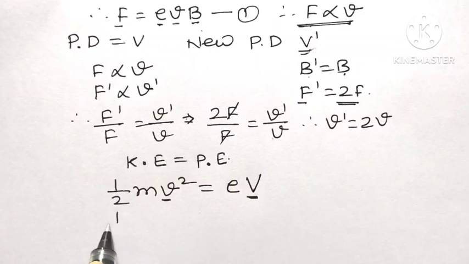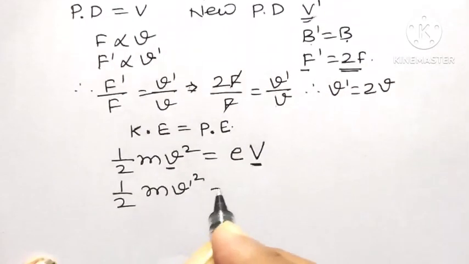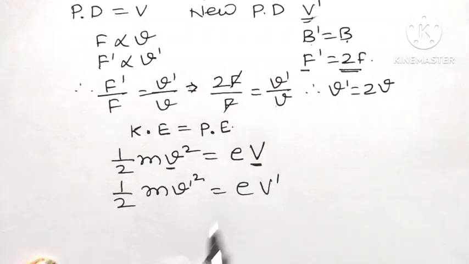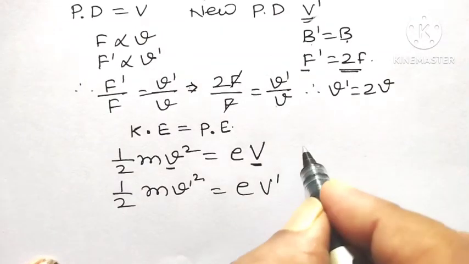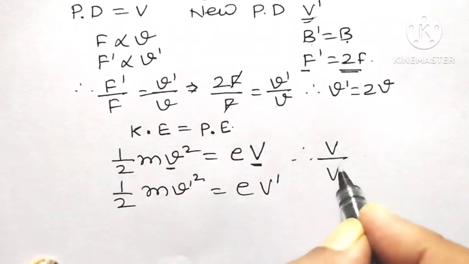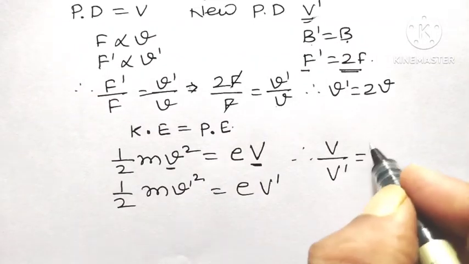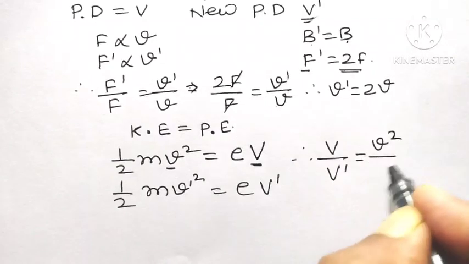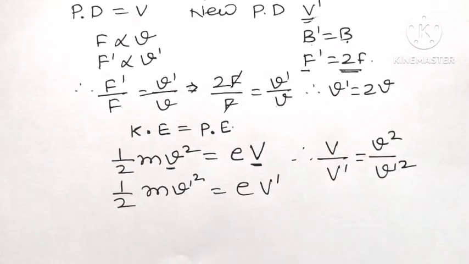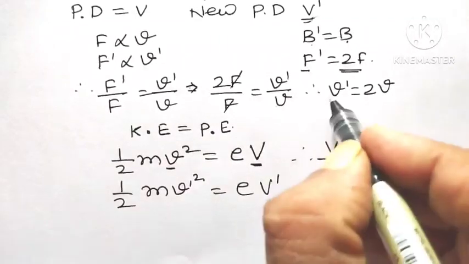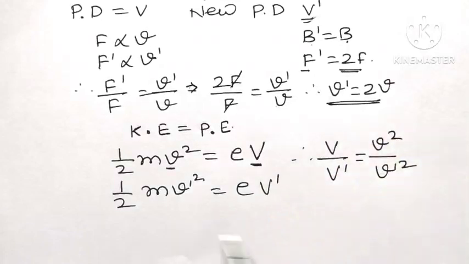Therefore, new kinetic energy half m v dash square is equal to E into potential difference V dash. Therefore, V divided by V dash is equal to velocity square upon new velocity square, v square upon v dash square. But we know v dash is equal to 2v.